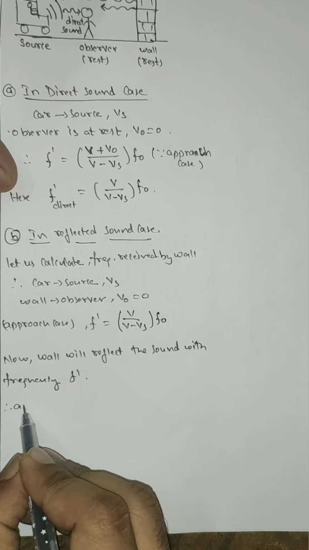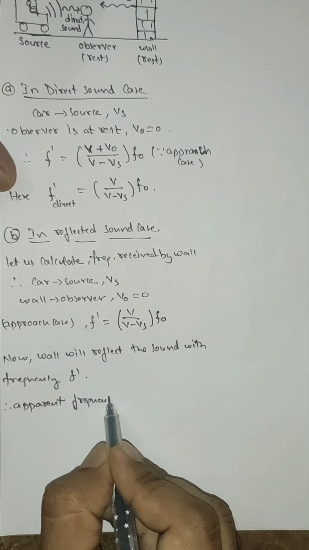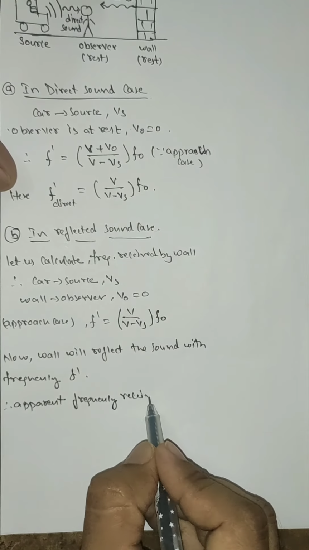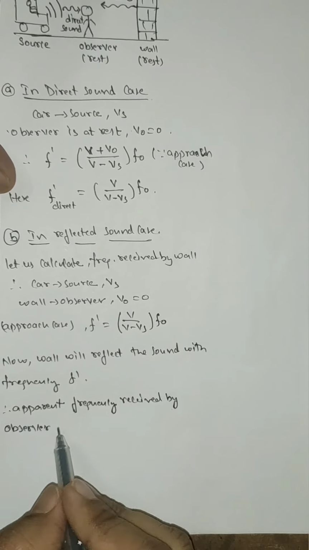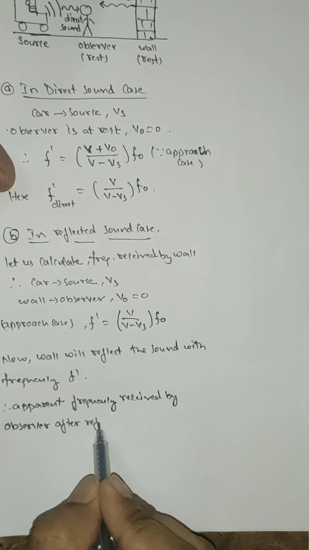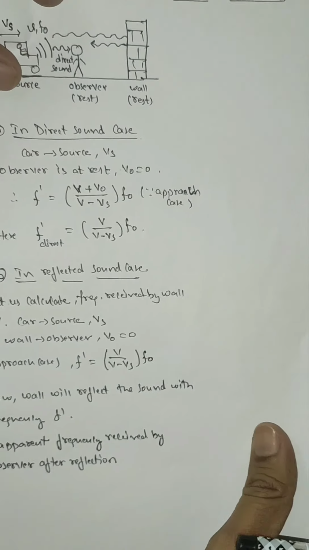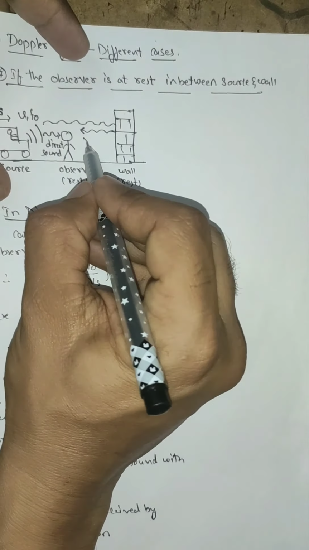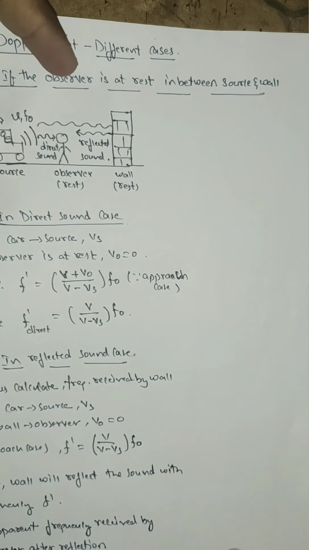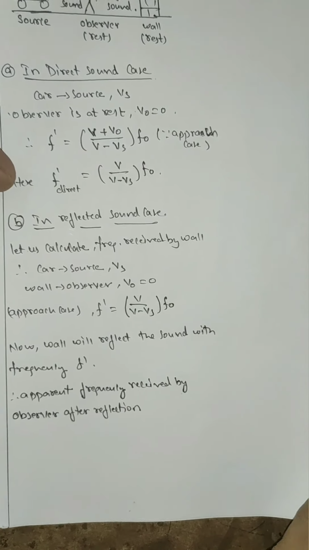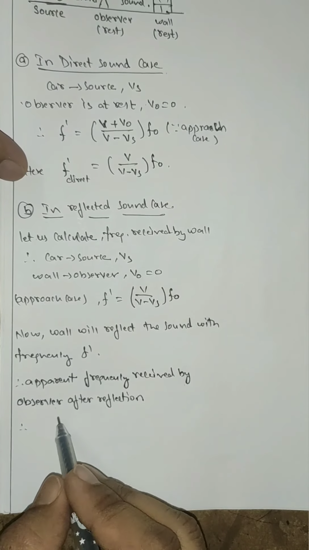So therefore the apparent frequency received by the observer after reflection. This is the reflected sound here, right? Okay, now let us consider the apparent frequency received by the observer.